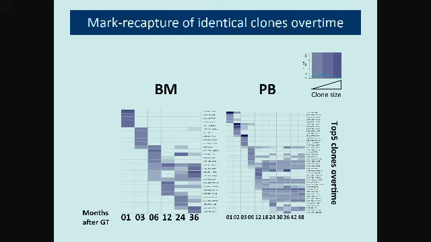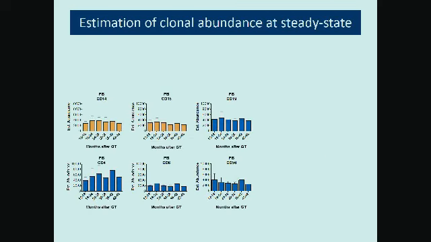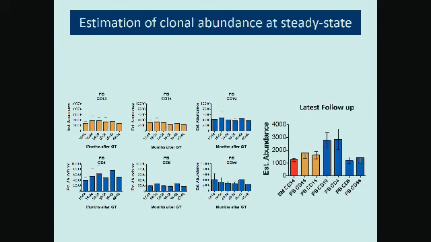So we had the first clue that there are 2 different sets of clones that are active during reconstitution. And the recapture capability of the clones after 12 months allowed us to use a system that is usually used in ecology to assess the overall abundance of a population by capture and recapture methods.